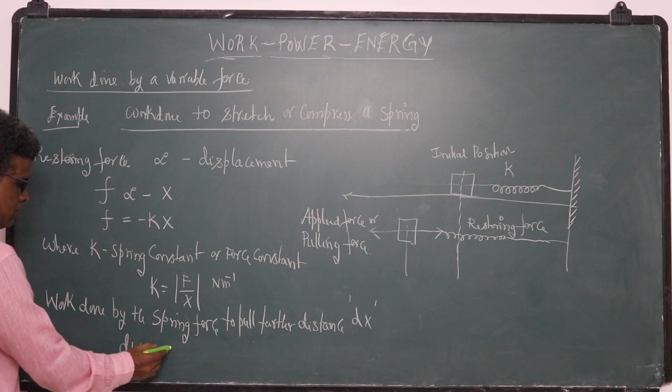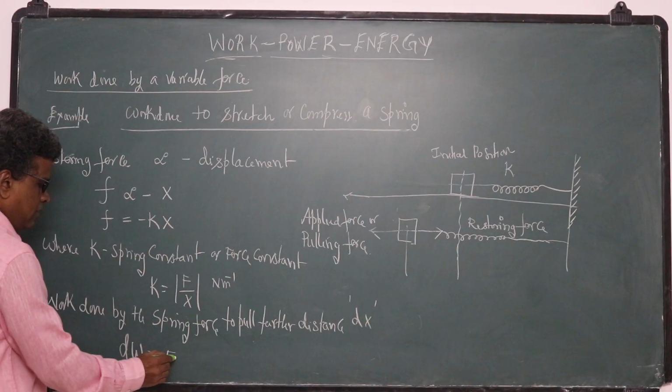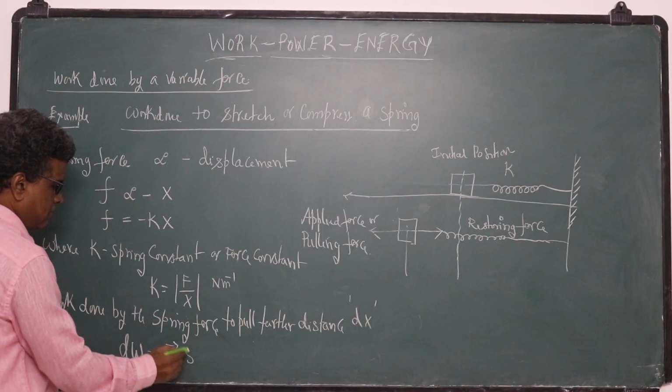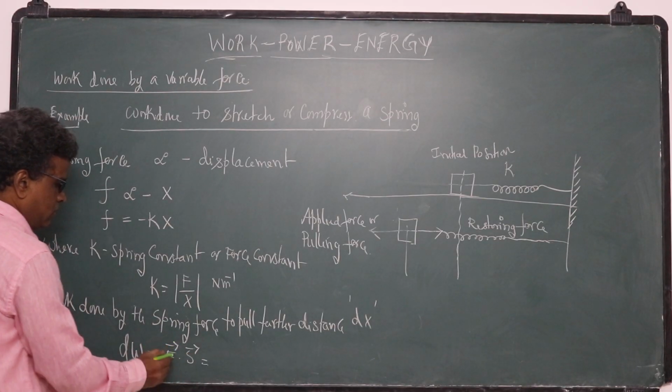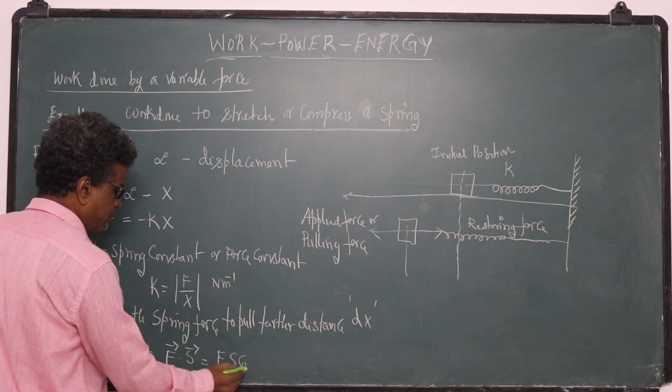This dw is given by the formula, as I explained, work done is equal to force into displacement, F vector dot s vector, that is Fs cos theta.